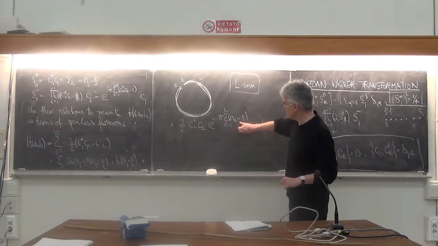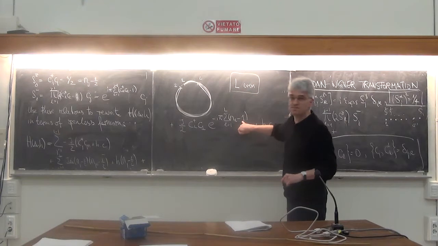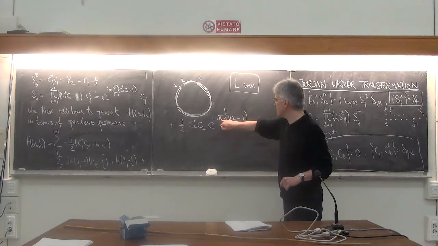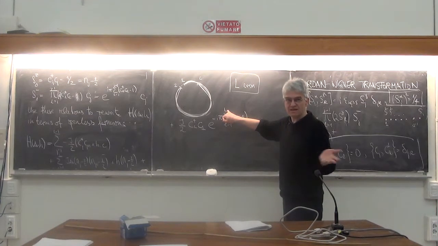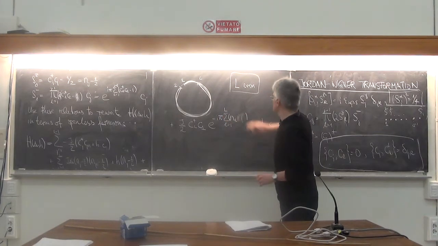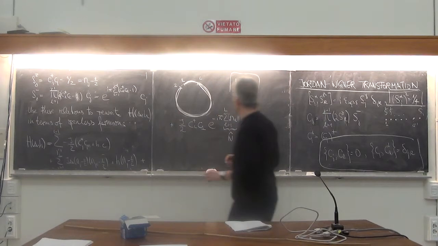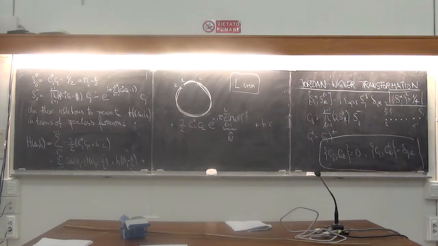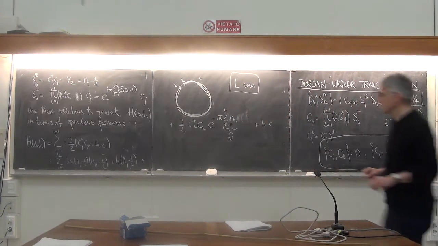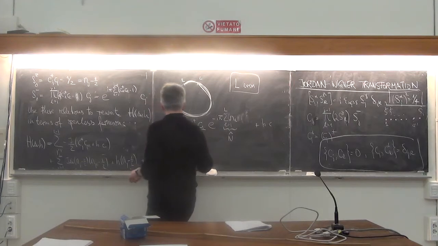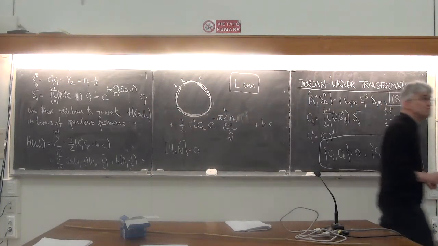The first thing, if L is even, I can drop this minus 1. Alright, because this gives me e to the minus i pi or e to the i pi L, and then if L is even, okay. Good, so we erase this. Now, here, this is the number operator of fermions. Okay, and a very important property is that the Hamiltonian commutes with the number operator of fermions.